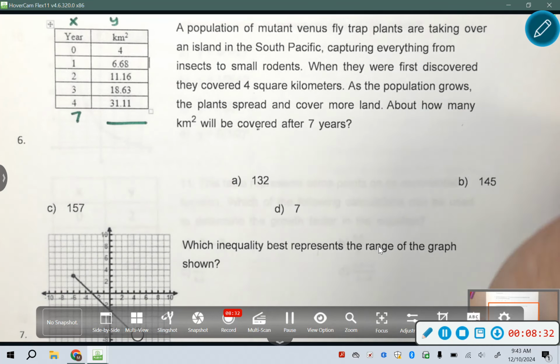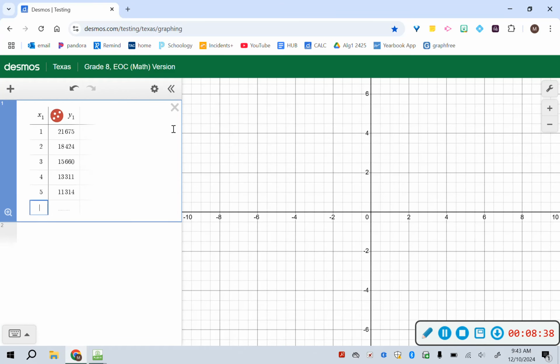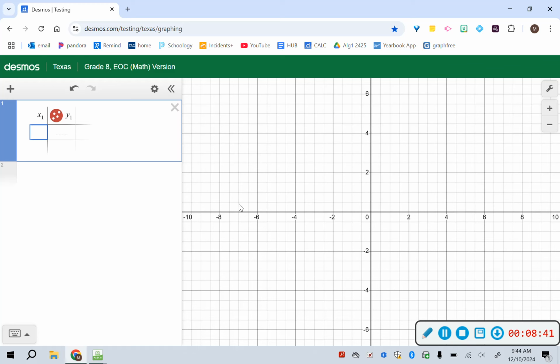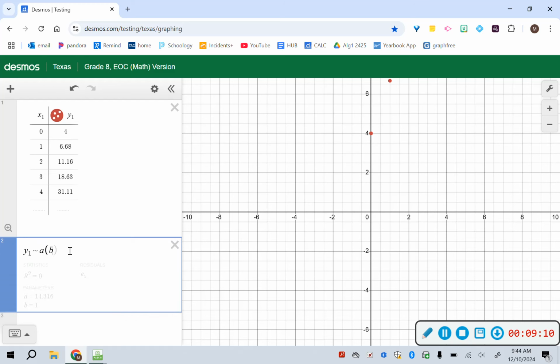So we're going to type this in our calculator. Plus sign table. Okay, and we're going to do the y1 squiggle because we're going to make it give us our equation. y1 squiggle, a parentheses b, all to the x1 power.